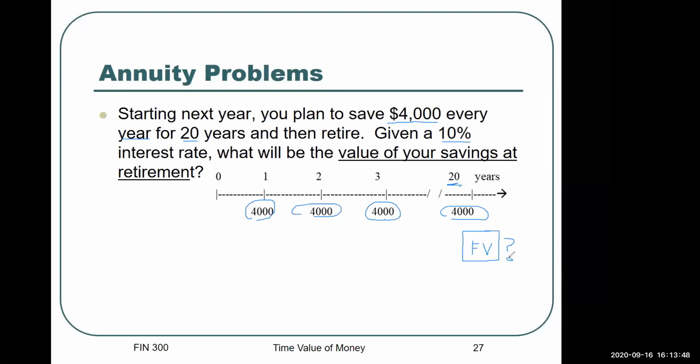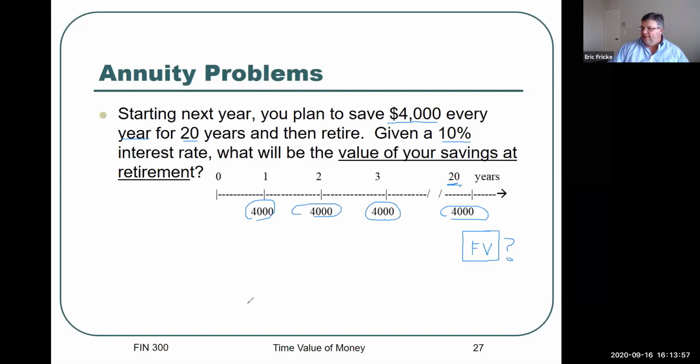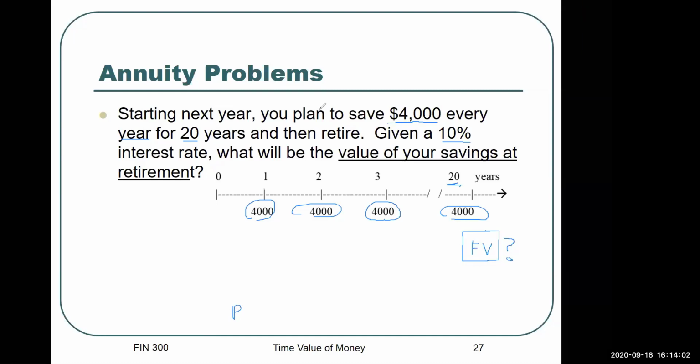Do we have the future value equals present value times 1 plus R to the T power? Yeah, we can do that. So we know present value. So it'd be 4,000 times 1 plus 0.1 to the 20th power.